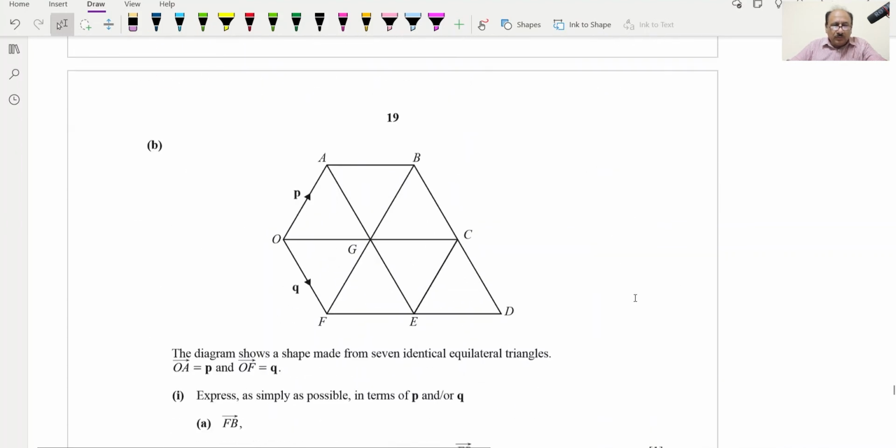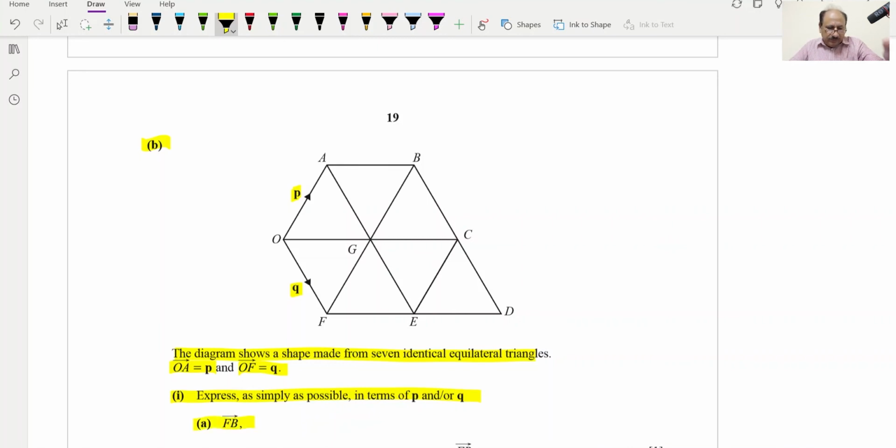So now part B of the same question. Part B says the diagram shows a shape made from 7 identical equilateral triangles. OA is equal to P, this is P, and OF is equal to Q, this is Q. Express as simply as possible in terms of P and Q, FB.